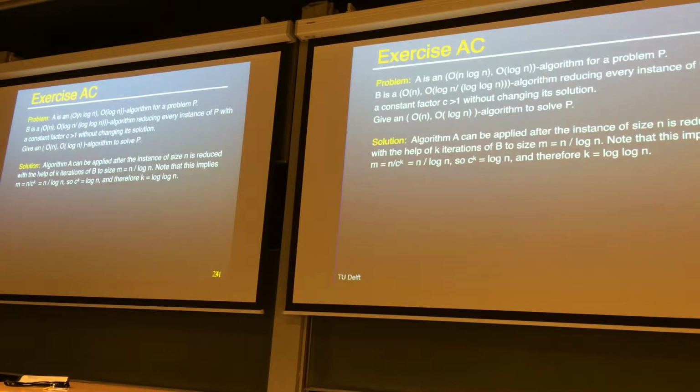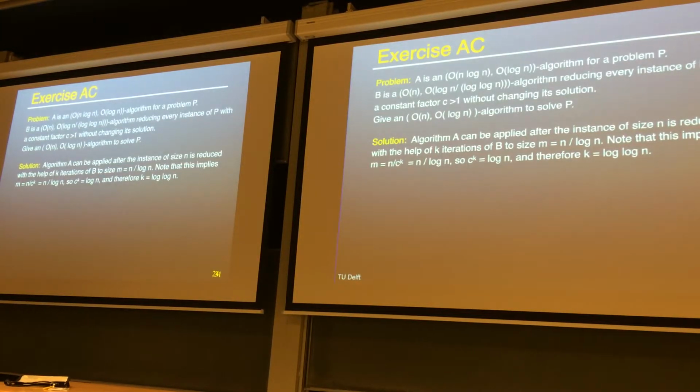So we have an O(n log n) work, O(log n) time algorithm A for a problem P. And B is another algorithm taking O(n) amount of work and O(log n divided by log n) amount of time. That algorithm A is a final algorithm for a problem P, but B is an information reducing algorithm.